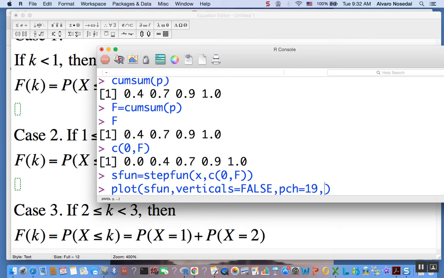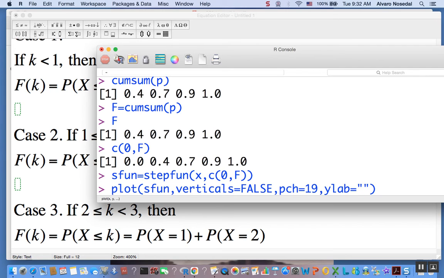What that is going to do is tell R that I want solid circles. Okay, and just to make it look nice, I would like to add some labels. ylab stands for the label for the vertical axis.